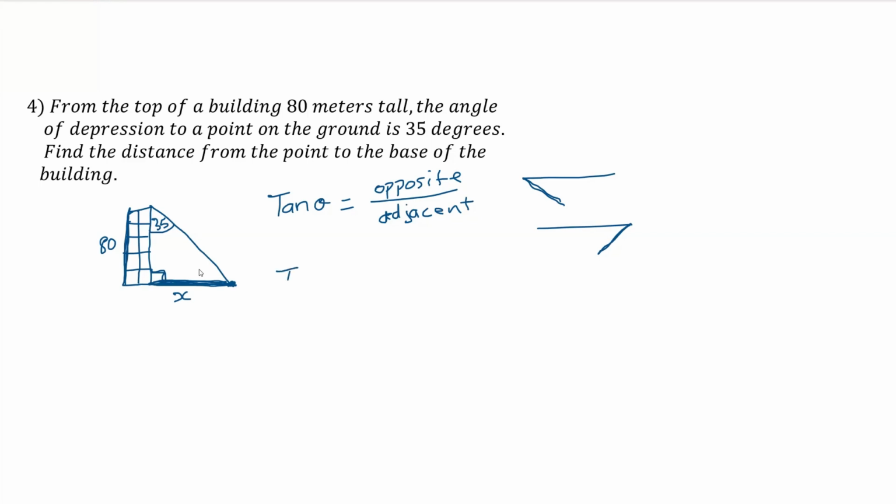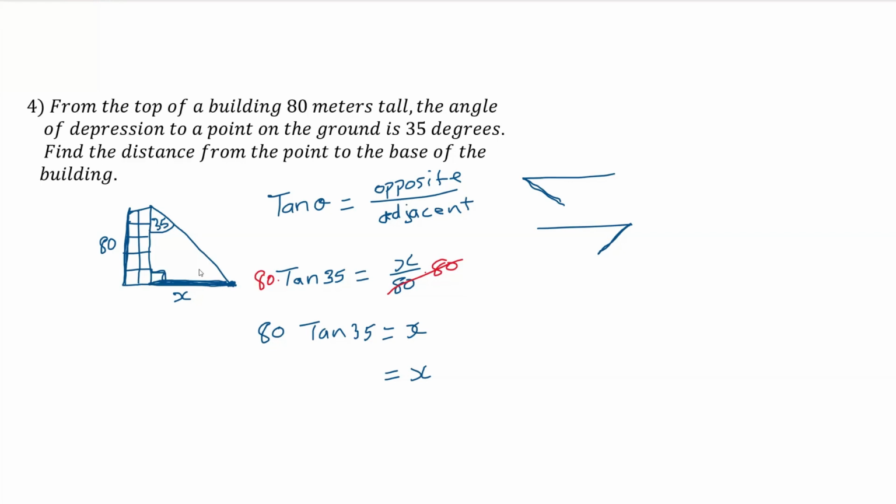So that means tangent of the angle 35 is equal to opposite, which is x, over 80. So all we have to do is multiply both sides by 80. If you multiply this side by 80 and this side by 80, this 80 gets canceled. And so what you have is 80 times tangent 35 is equal to x. So you just put this in your calculator and you are done.